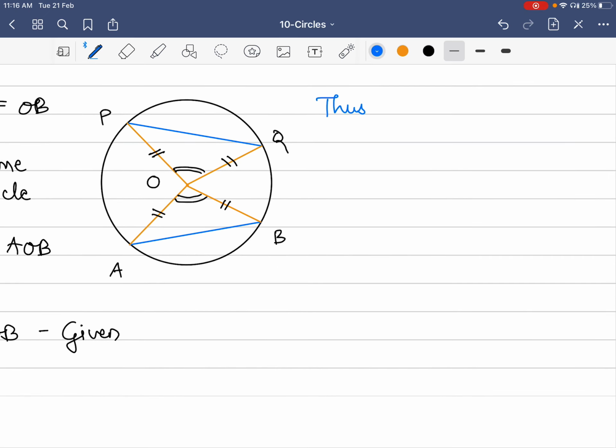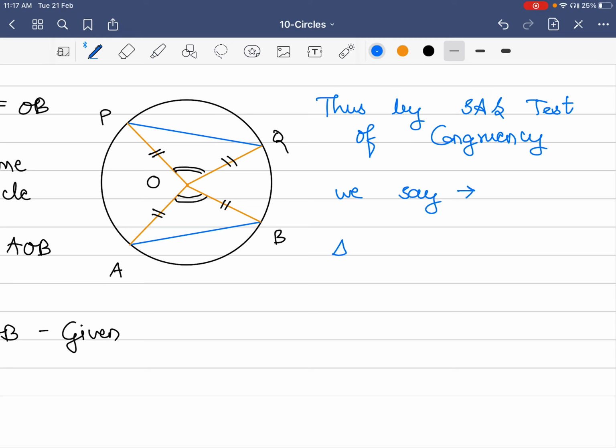Thus, by the side angle side test of congruency, triangle POQ is congruent to triangle AOB.